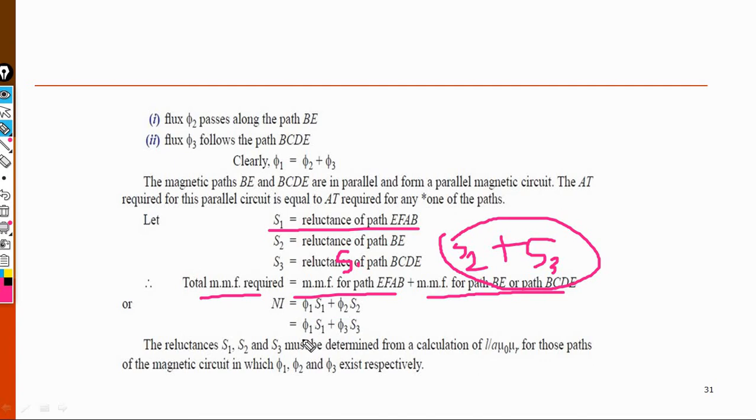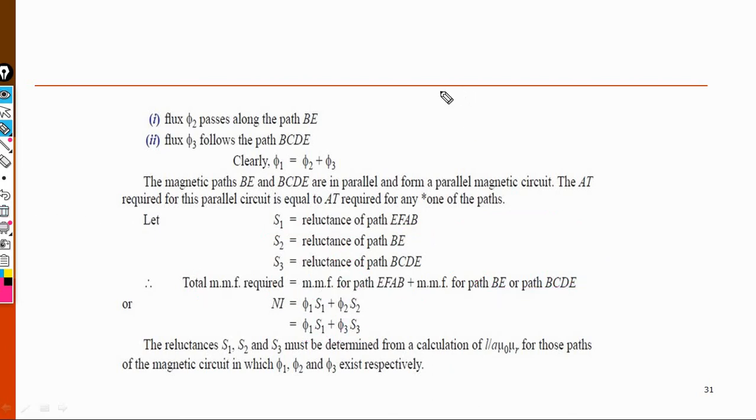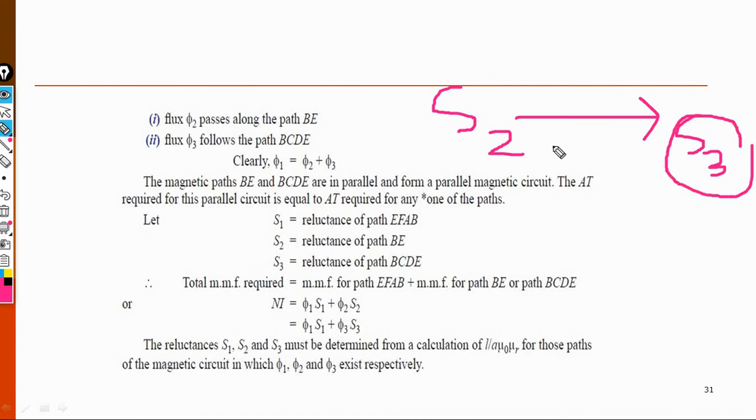The phi 1 S1 term is as it is, but the addition is very important. The reluctance S2 always depends on S3, so we consider only S3 here, that is phi 1 S1 plus phi 3 S3. This is the total MMF in a parallel circuit.